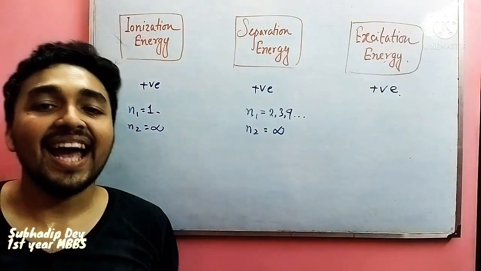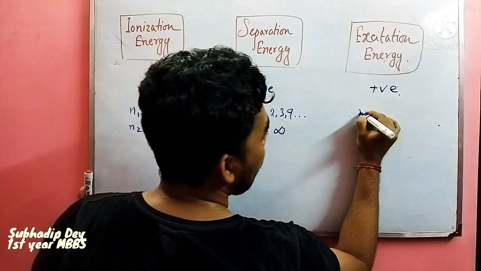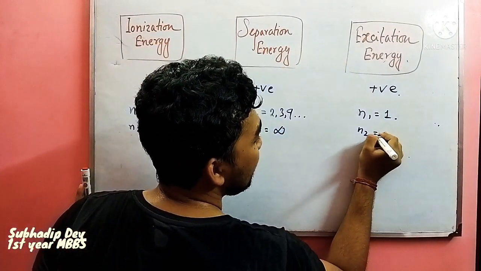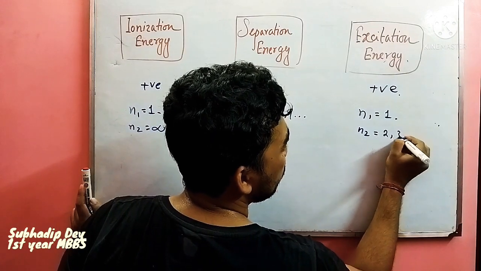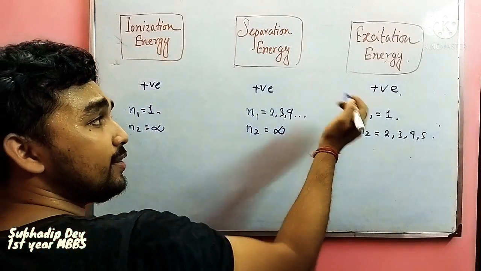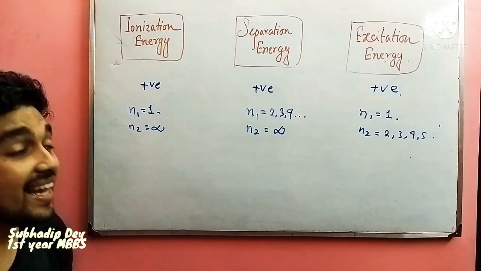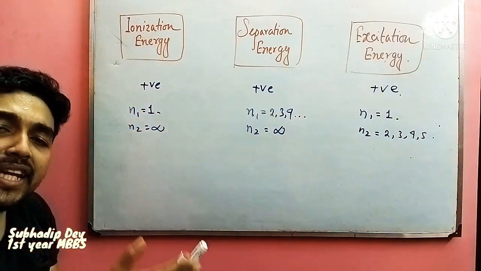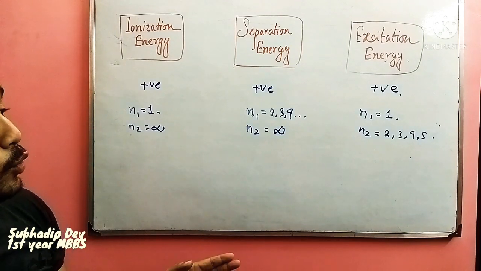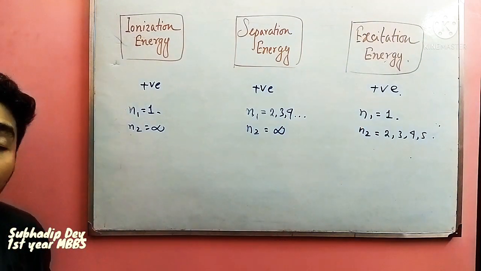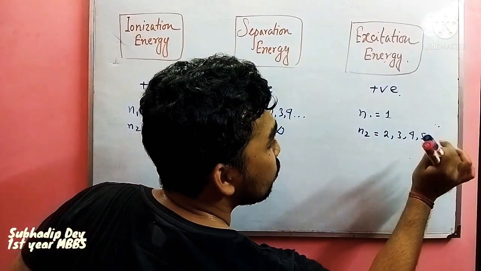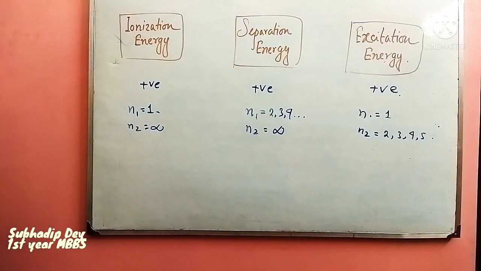Now for the excitation energy, the N1 value is 1 and the N2 value is anything: 2, 3, 4, 5, anything. Okay, now you tell what is excitation energy? Excitation energy is the minimum amount of energy required to take an electron from its ground state to any one of the excited states.